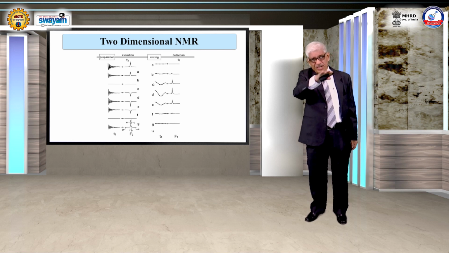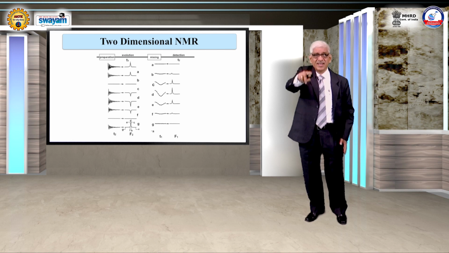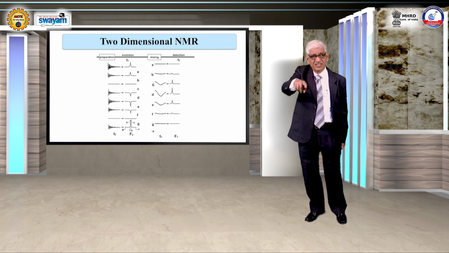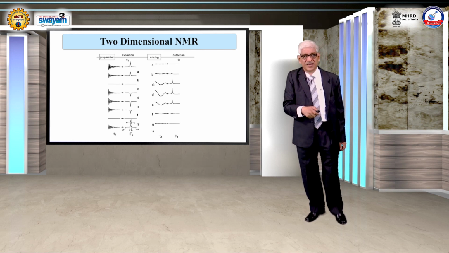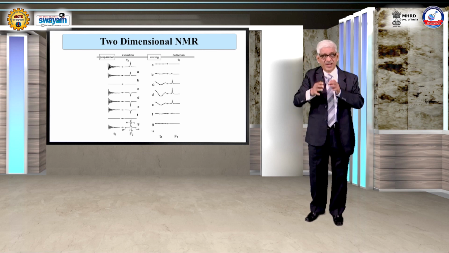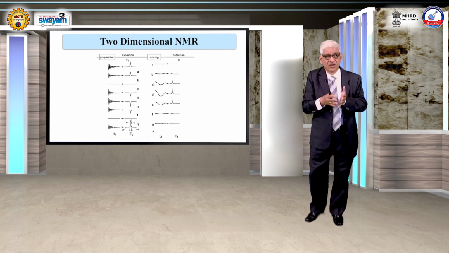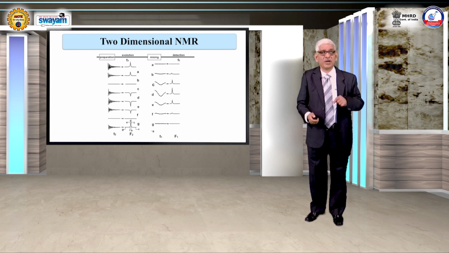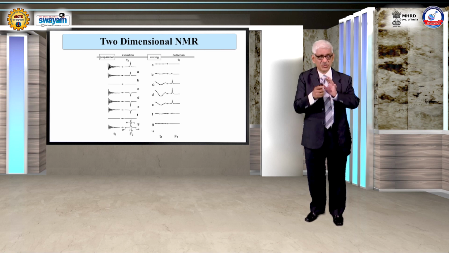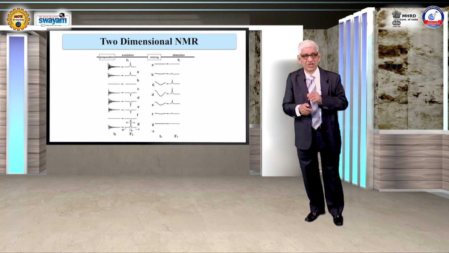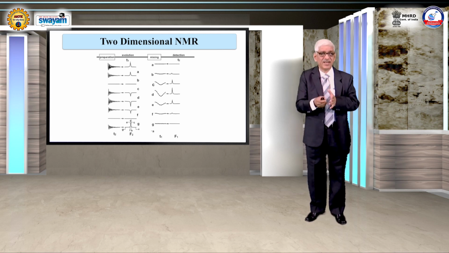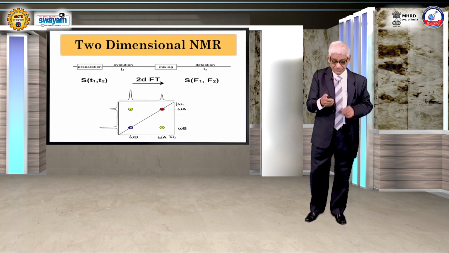If I do a Fourier transformation along that, I again get a frequency spectrum, because there is frequency information present there. And therefore if I now do a two-dimensional Fourier transformation, I will get a two-dimensional spectrum. So this is the principle of two-dimensional NMR. The foundation is laid in the Fourier transform NMR itself.